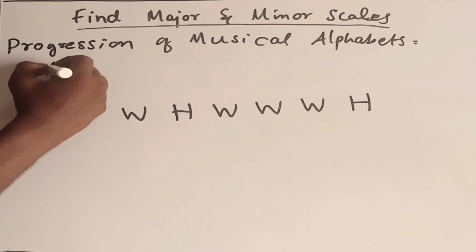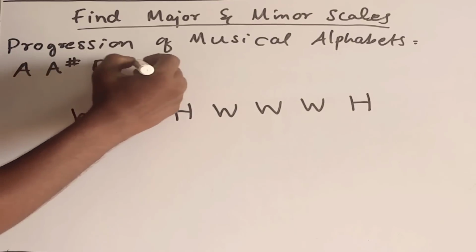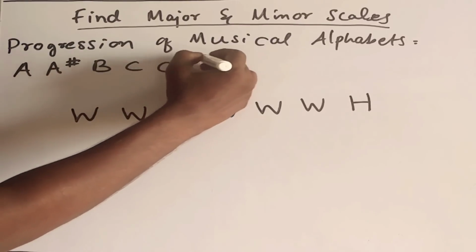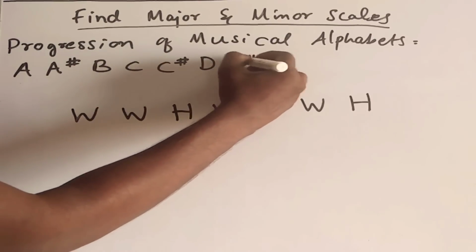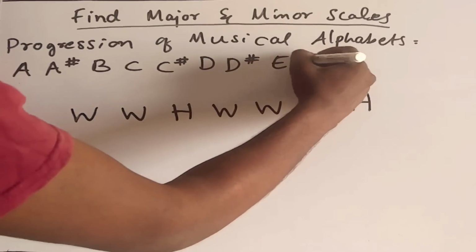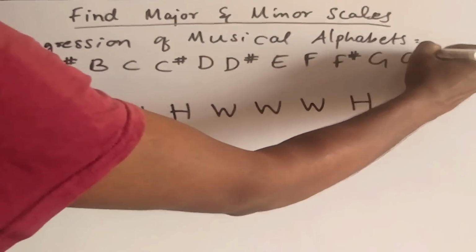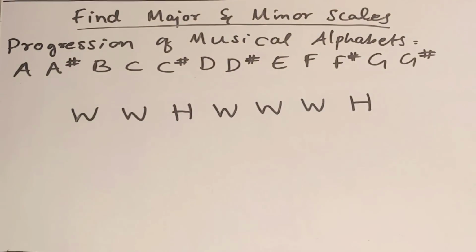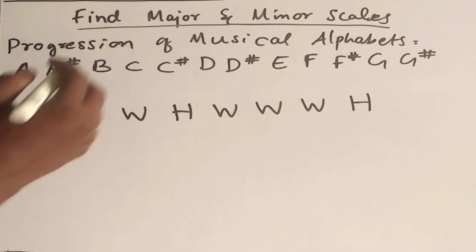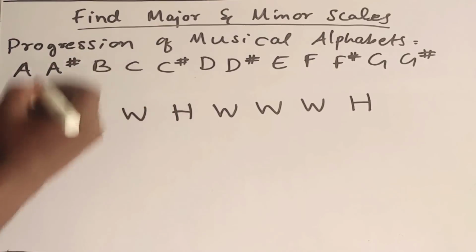That is A, A sharp, B, C, C sharp, D, D sharp, E, F, F sharp, G, and G sharp. Now please remember that every sharp can also be named as a flat. For example, A sharp can also be called B flat. But for the scales that we're going to find now, we don't need a flat, so let's just use this.